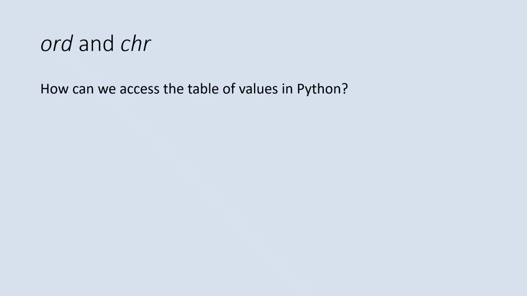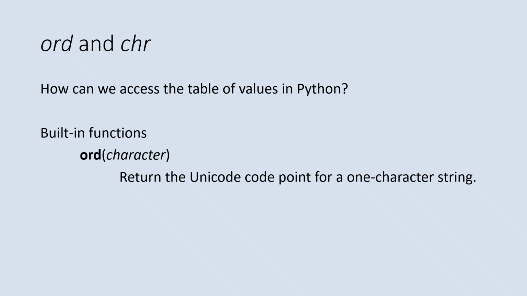So if we want to see the table of ASCII values using Python, we can create those values using one of these two functions. ord takes as input a single character, and the docstring for ord says return the Unicode code point for a one-character string.